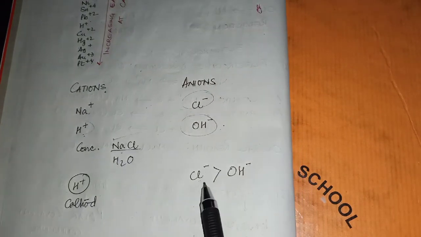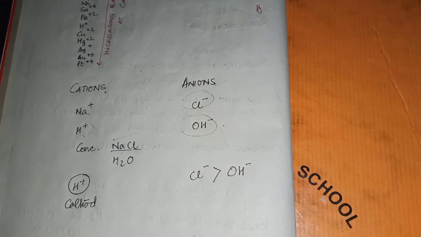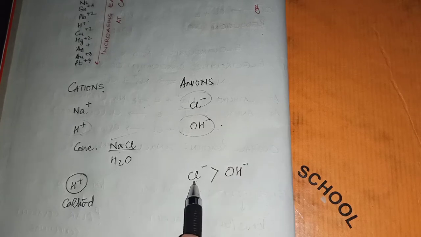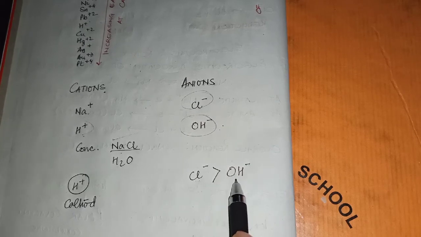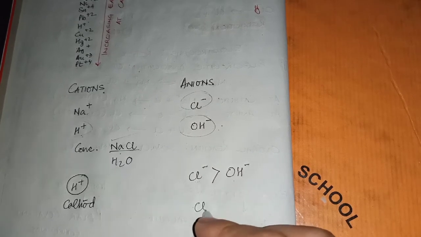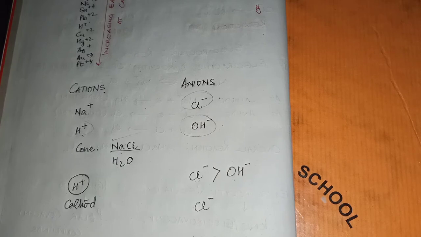So now let's apply the second condition. Among these two ions, although hydroxide lies lower than chloride ion in the electrochemical series, the concentration of chloride ion is more than that of hydroxide ion. Therefore, according to the second condition, chloride ion will get discharged at the anode.